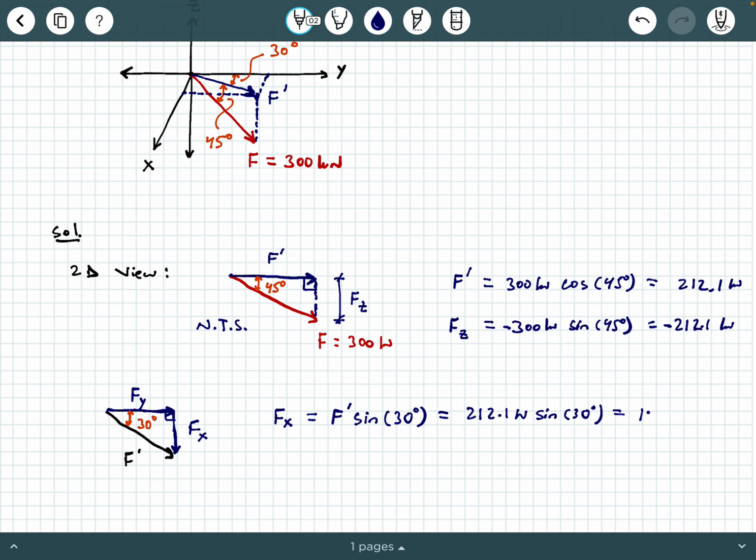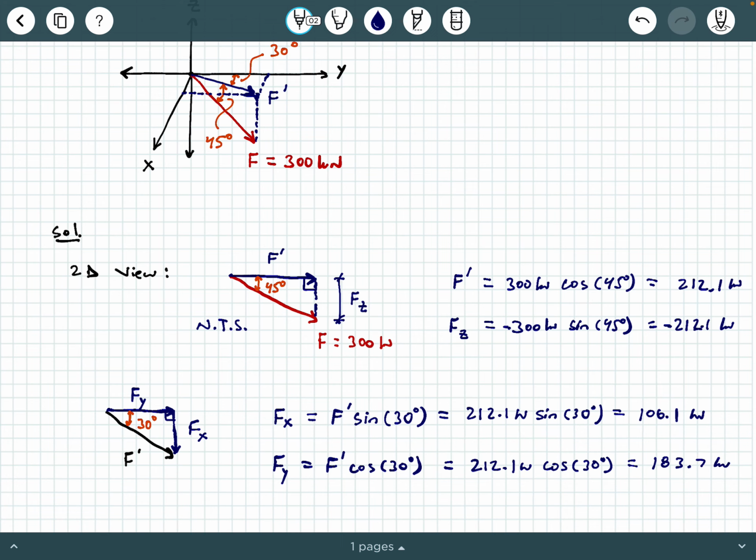So I'll get 106.1 kilonewtons, and then the y component is going to be f prime times the cosine of 30 degrees. So that again is just that 212.1 kilonewtons, again times cosine 30 degrees. So let's see what that comes out to be. We get 183.7 kilonewtons for that y component.